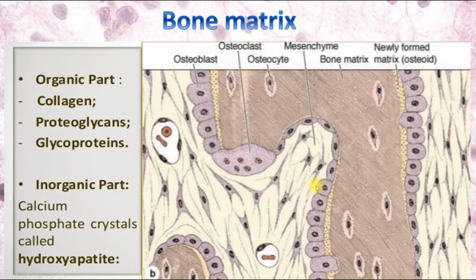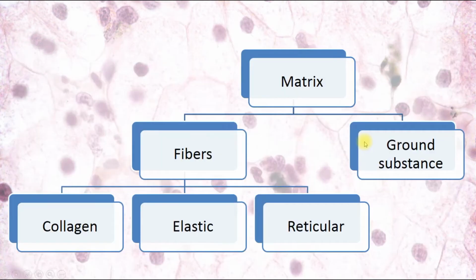And now we are going to the bone matrix. There are cells, numerous cells, and also there is matrix which fills the space between the bony cells. It has an organic and inorganic part, its chemical composition, and also the bone matrix has fibers and ground substance. Here we can see a diagram of the matrix which shows the main components of fibrous connective tissue matrix.